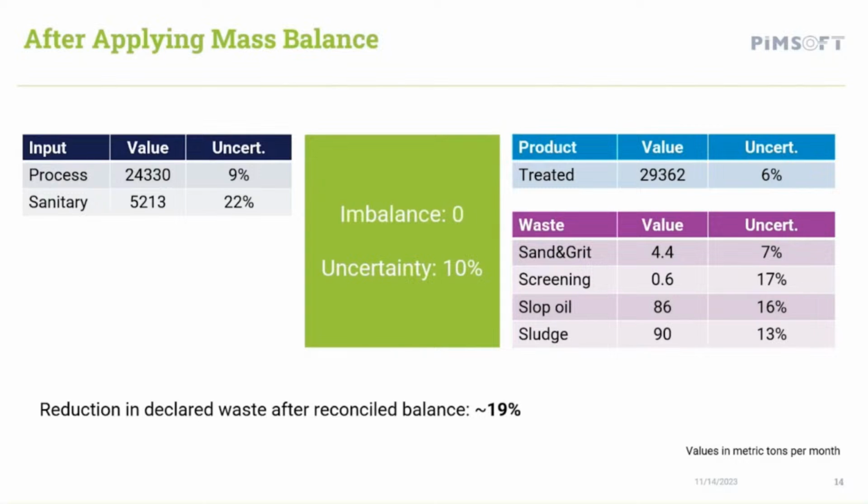If we look more closely at the most relevant items regarding the waste, so the slop oil and the sludge, there has been a reduction from respectively 104 and 100 tons to 86 and 90 tons per month. And the related uncertainty has decreased from 26% to 16% or less.